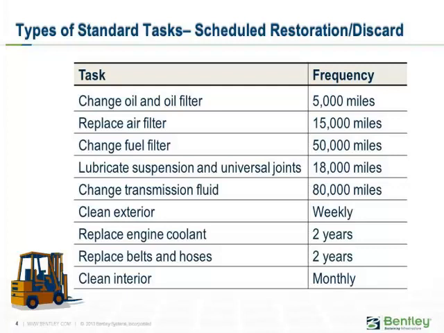Typically, these tasks are created when it is not cost-effective to put the particular task under an inspection routine. For example, you may just change your oil filter every 5,000 miles because it is not cost-effective to send an inspector out, take an oil sample, and then have it analyzed at a lab. Simply changing the oil is cheaper. These types of decisions are typically made during the work identification analysis.